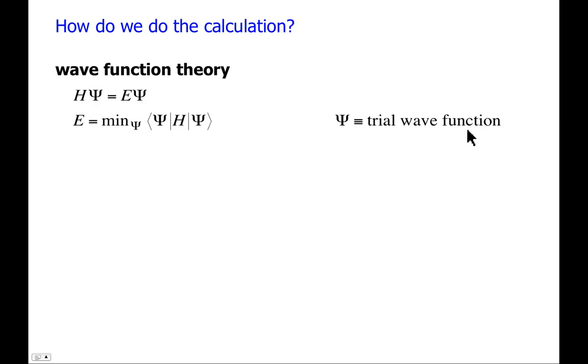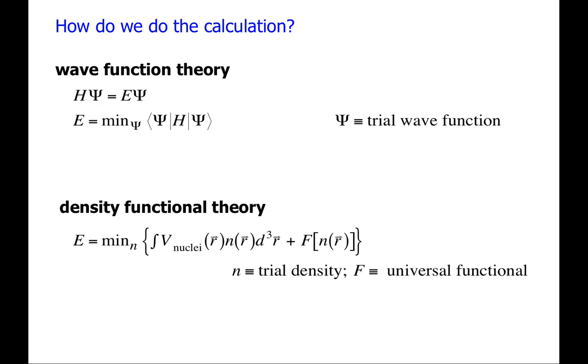So we can pick trial wave functions, and as long as we find the one that does in fact minimize this expectation value, we must have found the exact wave function, because from the variational principle, we know we can't go below the correct energy.